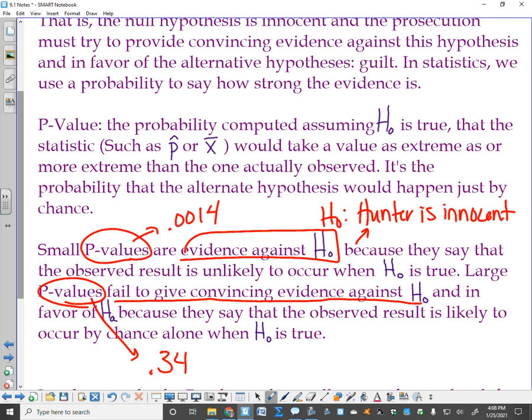Okay, so a tiny, tiny p-value is evidence against H sub O. This is not the probability that Miss Hunter is innocent or guilty. It's the probability that the event happened by chance. And the bigger that number is, the more innocent she gets, the more true H sub O is.